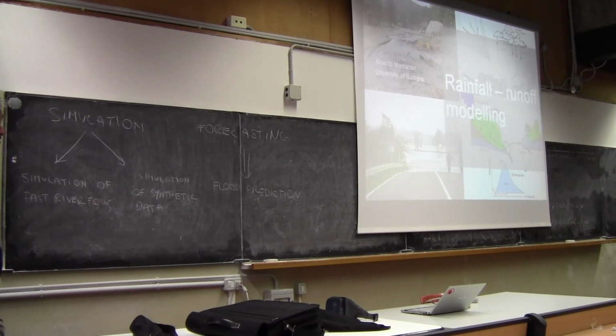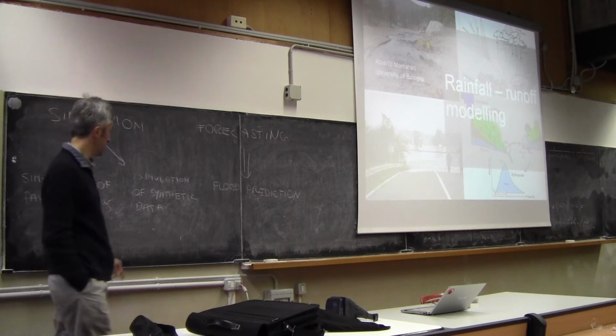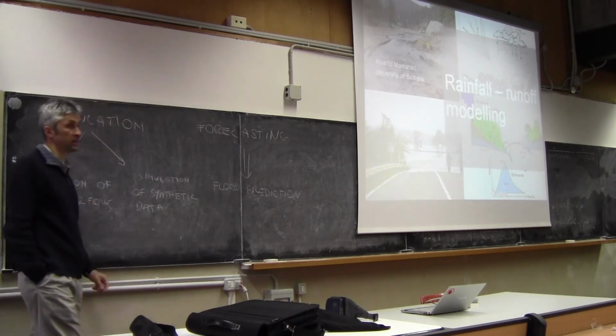So if you have observed input information, you can use simulation of the past. If you have neither observed river flows nor observed input data, you need to refer to a hypothetical situation. And this is the simulation of synthetic data.